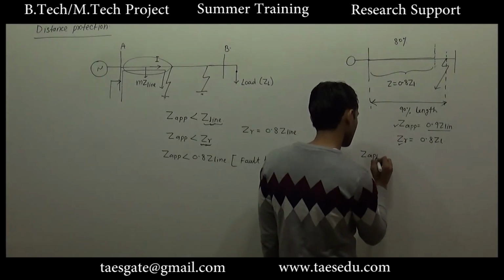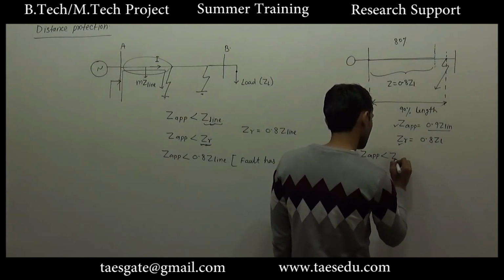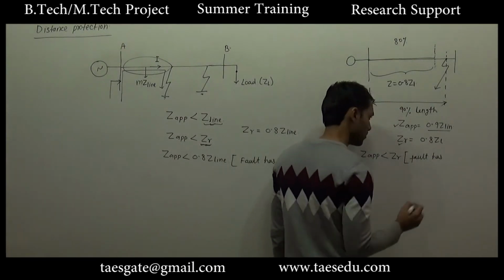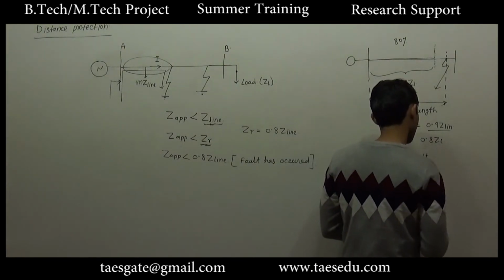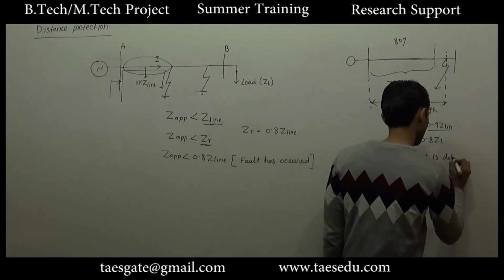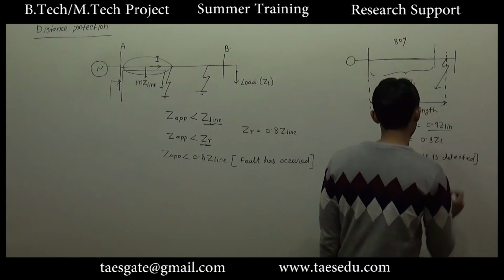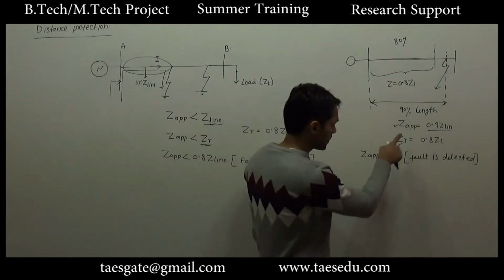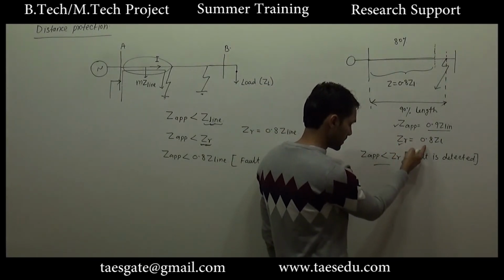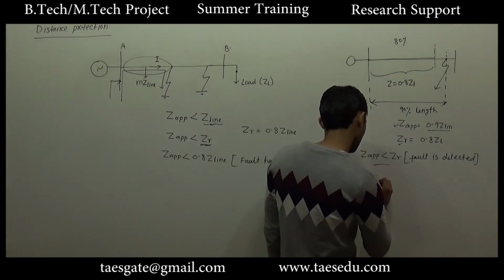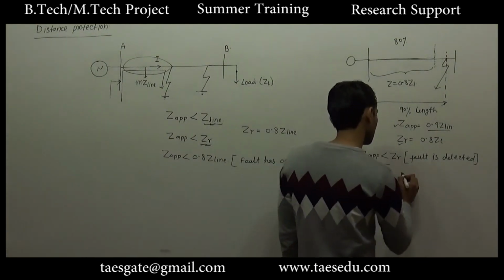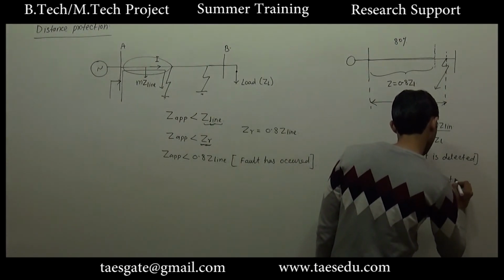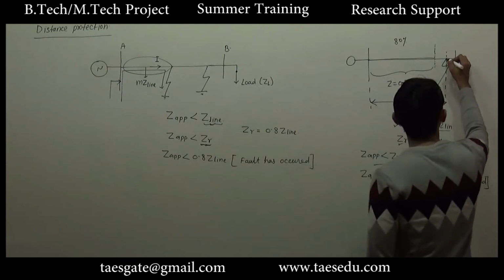If the apparent impedance is less than the reference impedance, we will say a fault has occurred, or the fault is detected, or the relay will operate. Now whether this condition is satisfied here: the apparent impedance is greater than the reference impedance, so the fault will not be detected. Although a fault has occurred, it is not detected. So at this point the fault has not been detected.